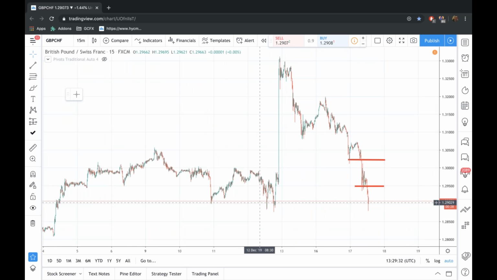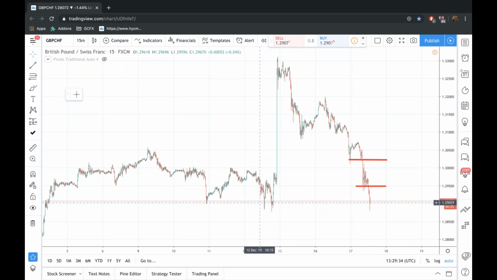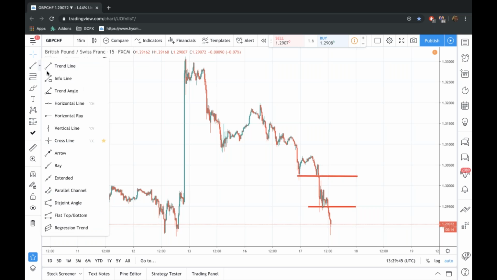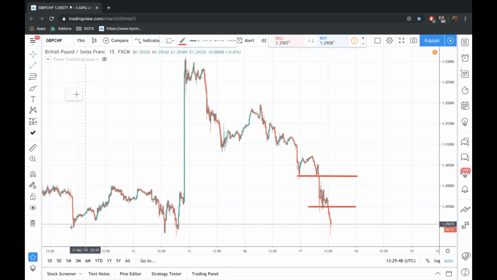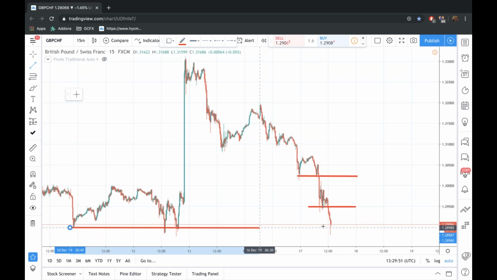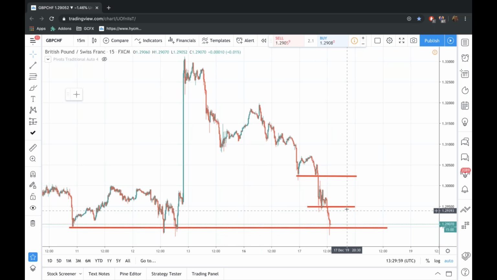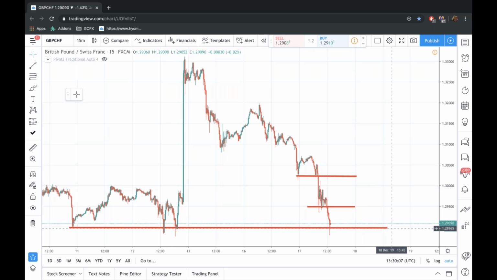Now, where would I expect profit taking? I'd expect profit taking exactly where we have profit taking at the moment. So you can see here, let's have a look. I expect profit taking down at these lows. So if we get a retracement back up to this level, potential profit taking I'd expect back down here, just above the 1.2900 level.